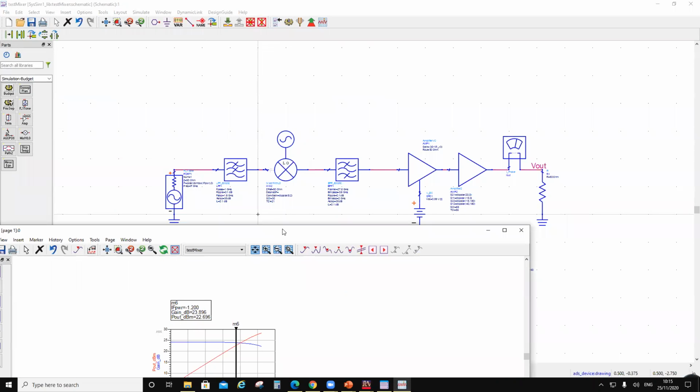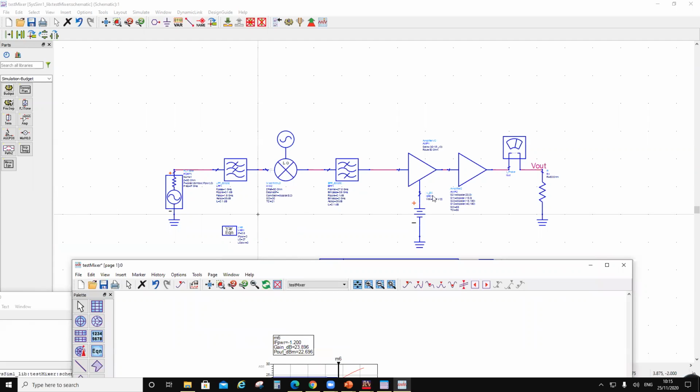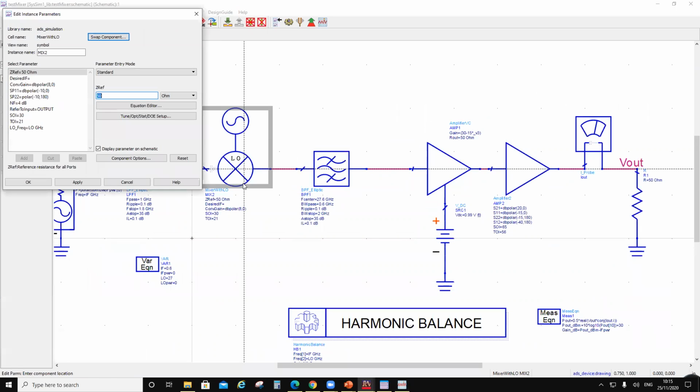And what? Conversion gain is 8. Huh? This doesn't make sense. This is 8. This is 15. And this is going to be 20. So what happened over here? It should not make a difference.